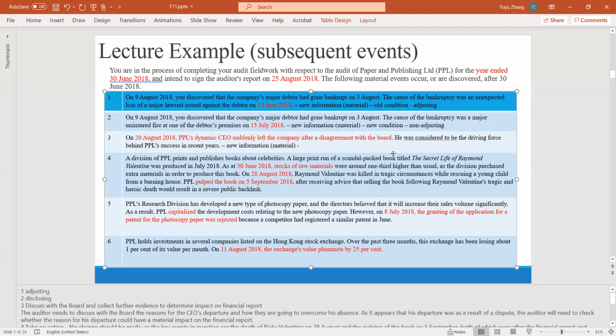There's no information about this. Because the information is not fully disclosed in this short sentence, however, it is quite material, quite important for the company.